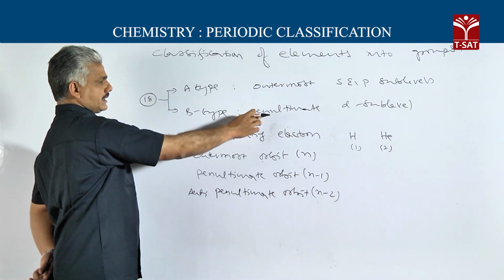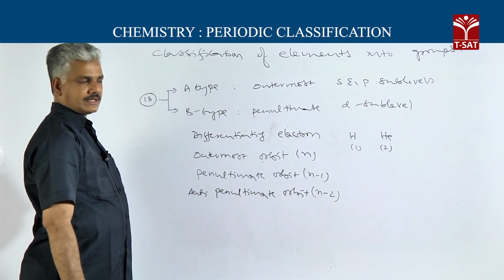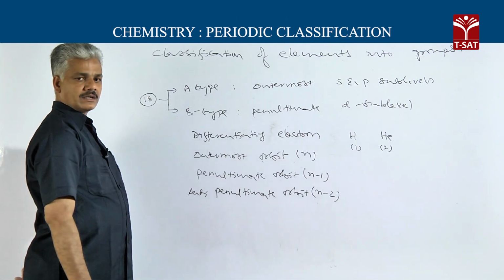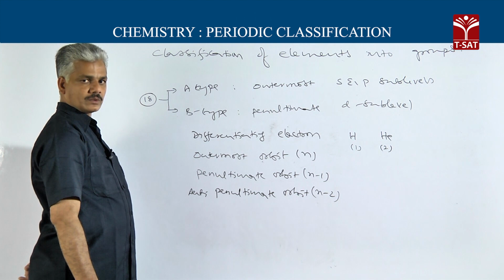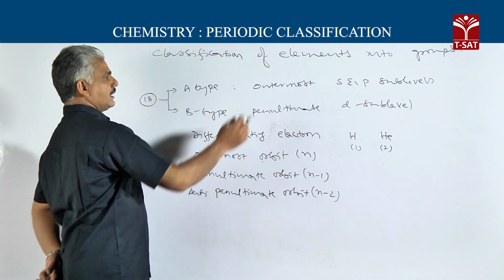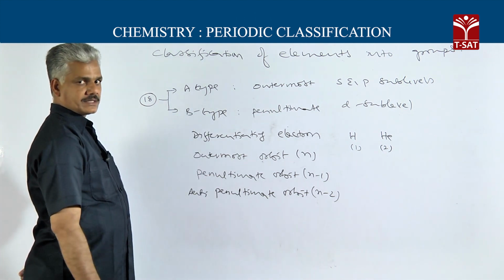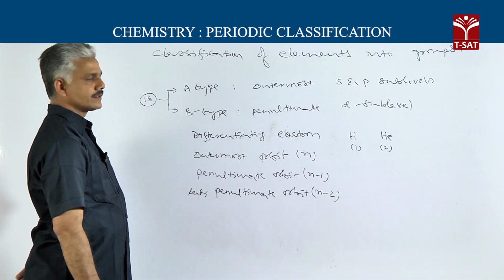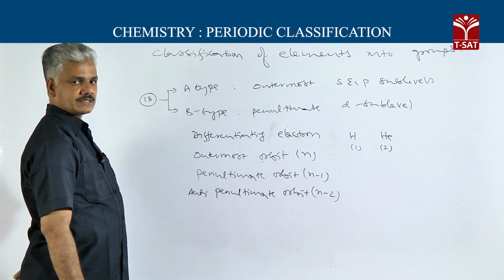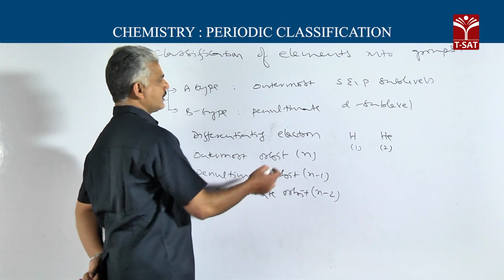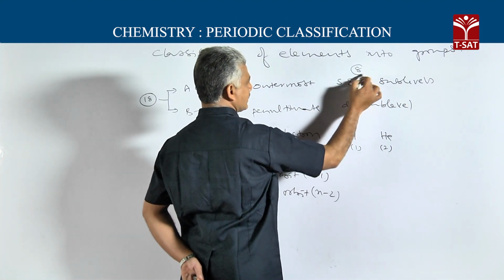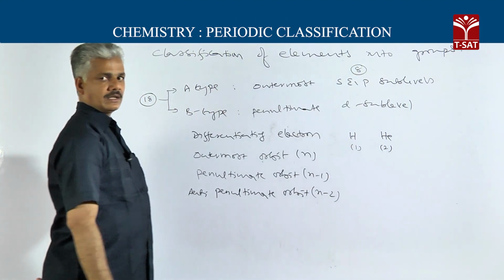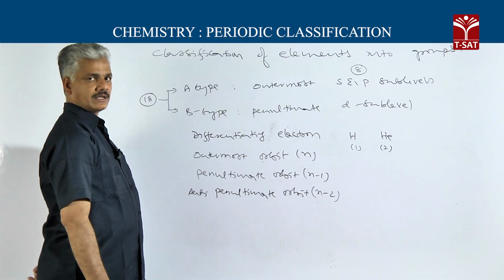If the differentiating electron enters into the penultimate D sublevel, they are called B type groups. An S sublevel can accommodate a maximum of 2 electrons, whereas P can accommodate 6. So, a total of 8 electrons can be accommodated in S and P sublevels taken together.